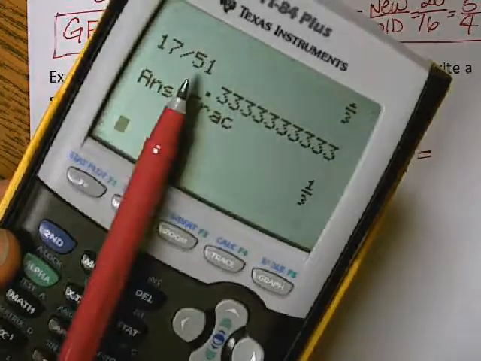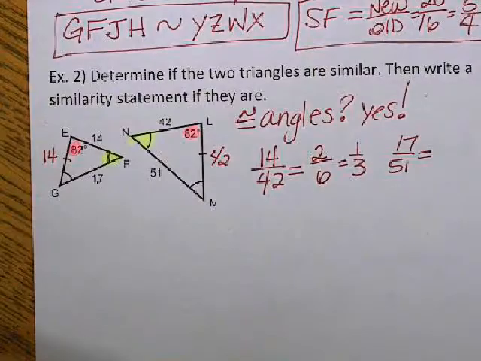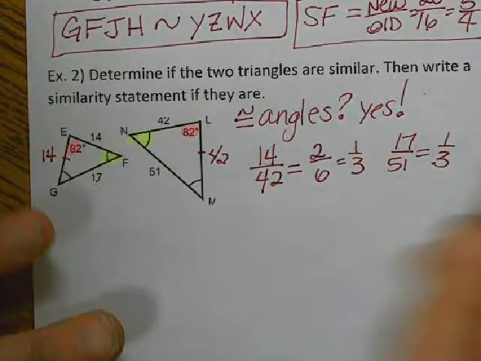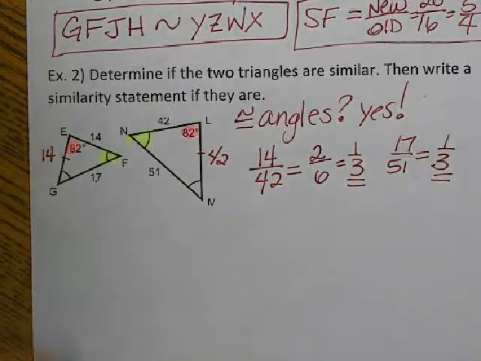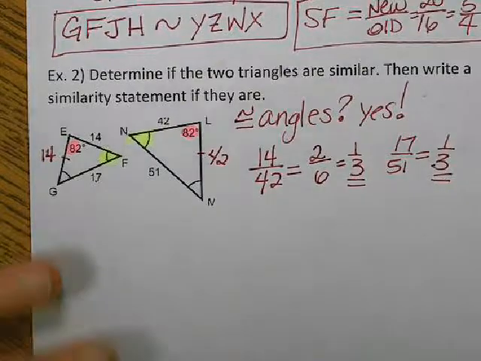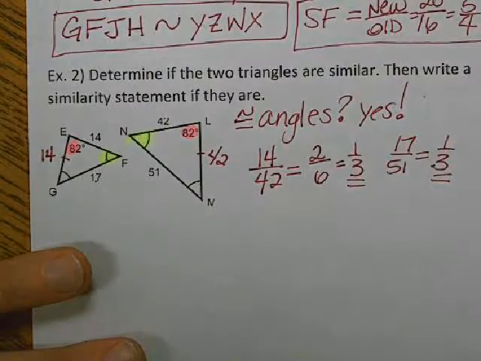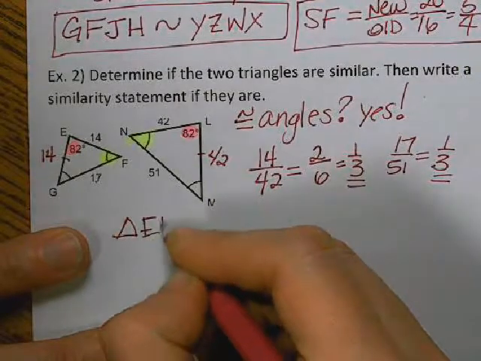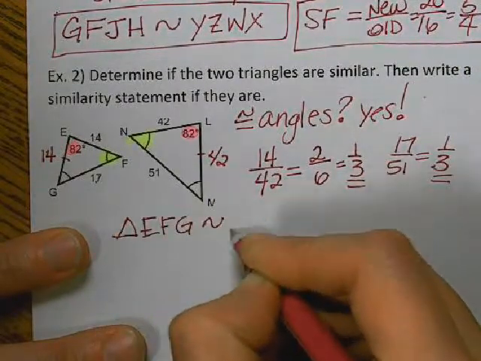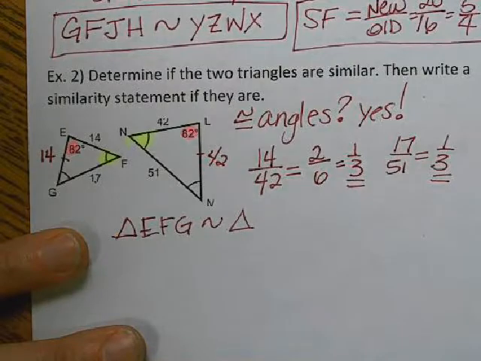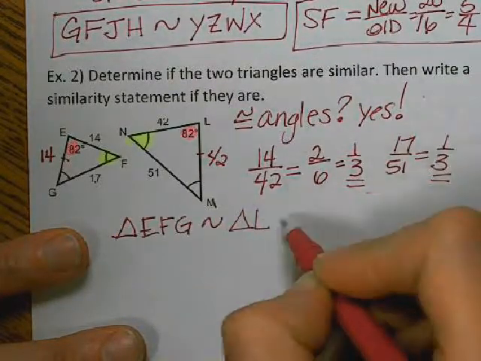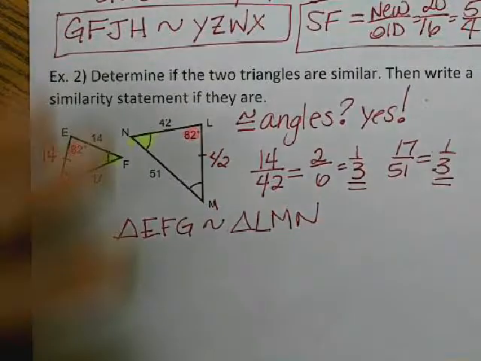So 17 over 51 simplifies to 1/3 as well. So they are proportional because they have the same fraction for their ratios of their sides. So now all we have to do is write a similarity statement. Triangle EFG is similar to triangle LMN.